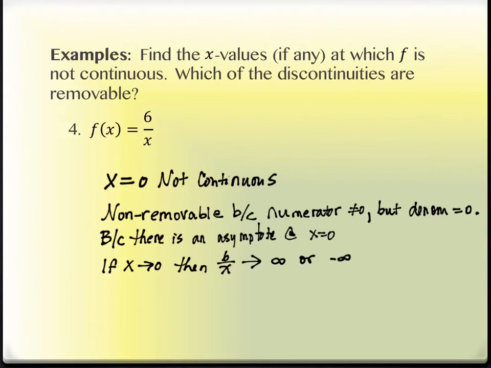I'm getting values that are getting infinitely large or infinitely small, and you can think about them from a table perspective. So any of those are appropriate justifications as to why this is non-removable. Good job, guys. Let's do another one.